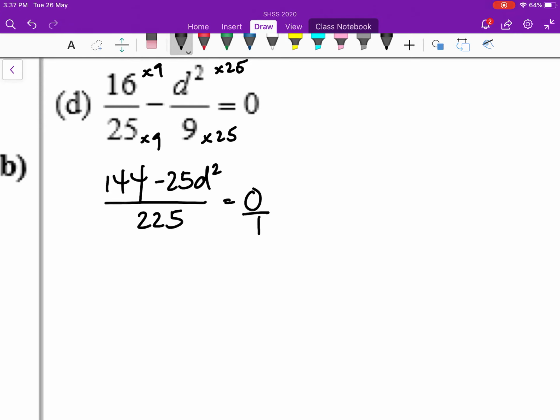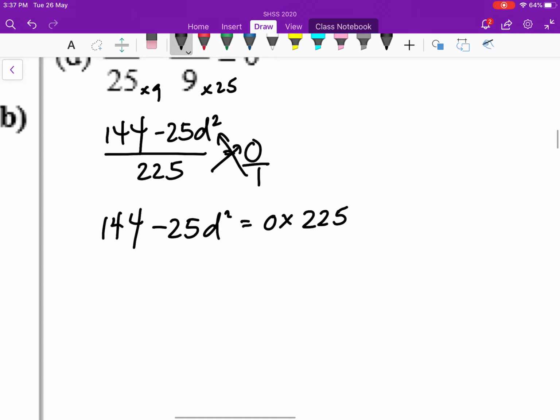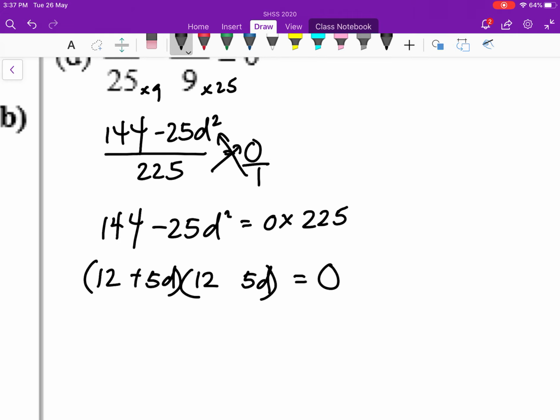Fraction equals to fraction, cross multiply. I have 144 minus 25d squared equals 0 times 225. 0 times 225 is still 0. 144 minus 25d squared, you should be able to factorize this. 12, 5d, plus and minus.